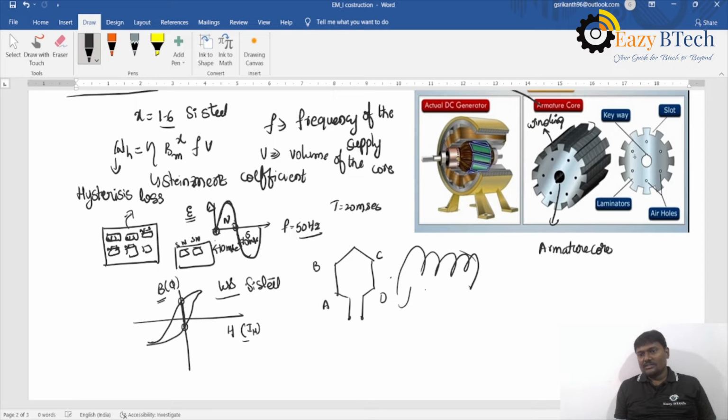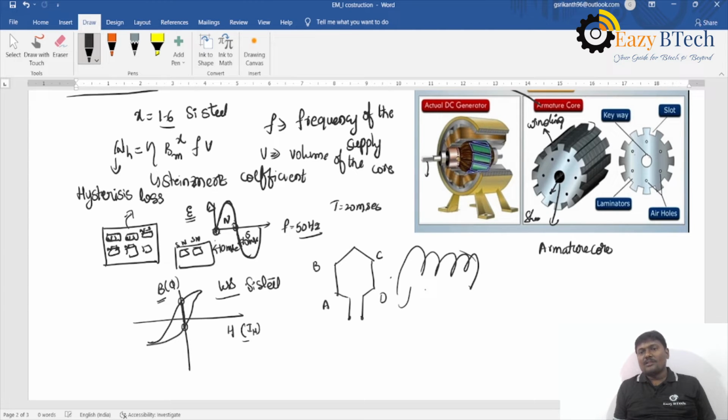So here we place the winding like this. These air holes are provided for cooling purposes. When it is rotating at 1500 rpm or 1400 rpm, some heat will be produced, so in order to cool down the winding, air holes are provided.